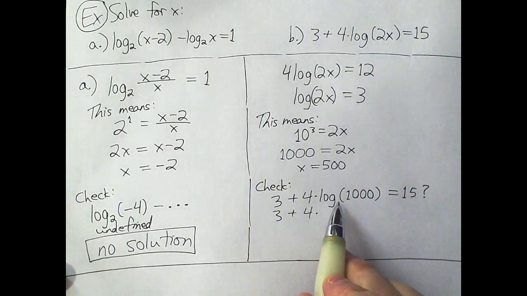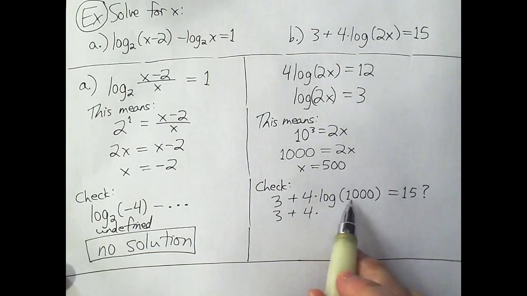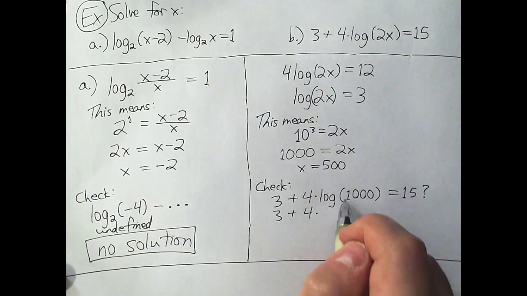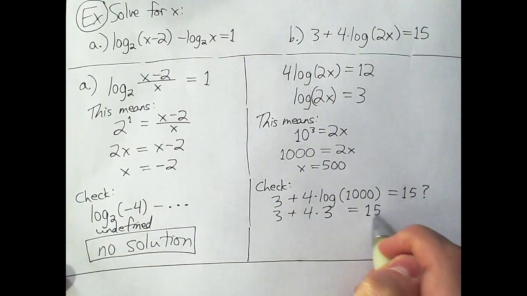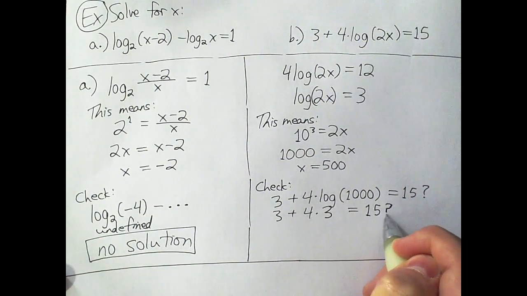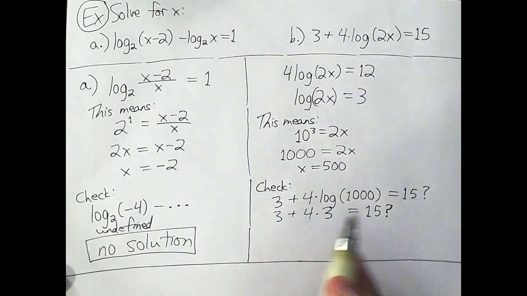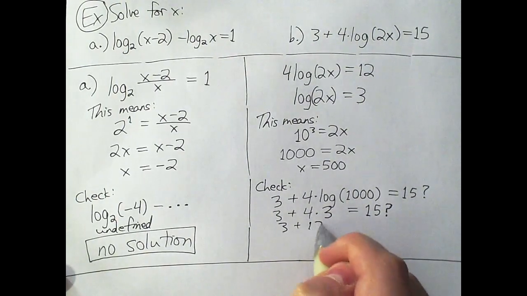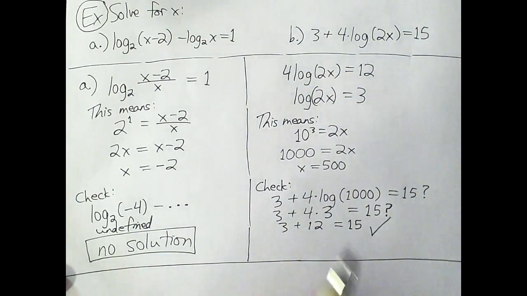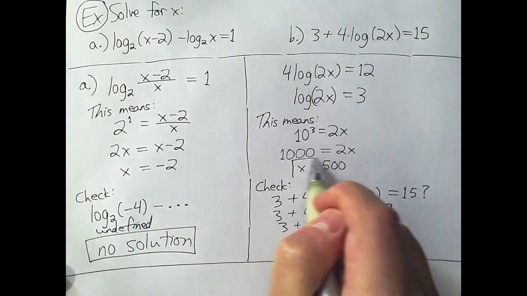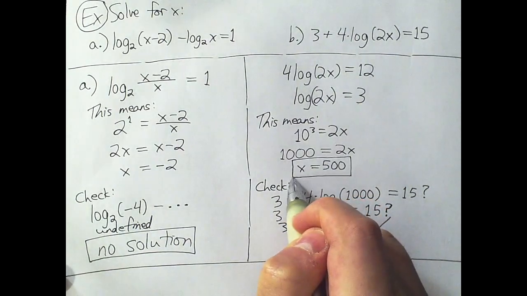Because this is a base of 10. So 10 to what power is 1,000? 3. So this is 3 plus 12. Does equal 15. Yes, that does check out. So now I'm going to go back and put a big box around the x equals 500. That is the solution.